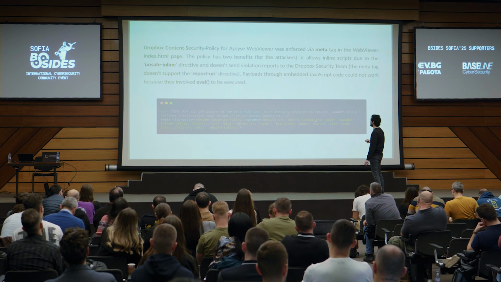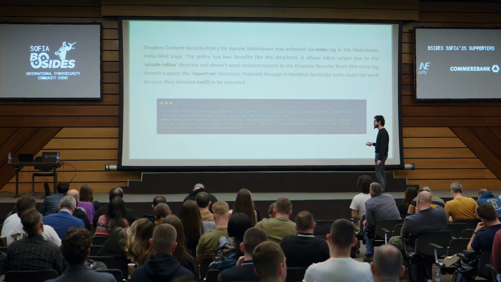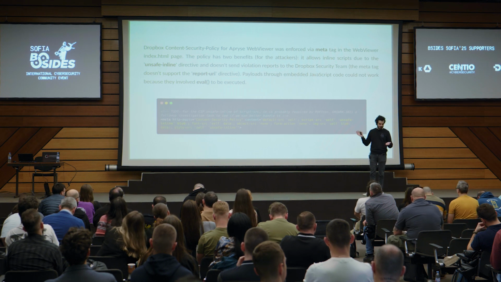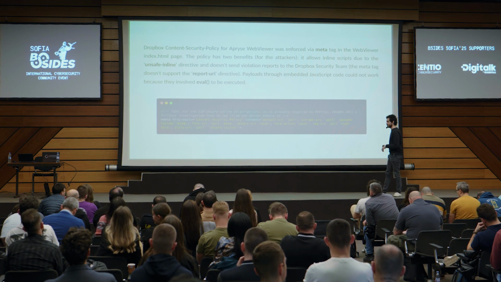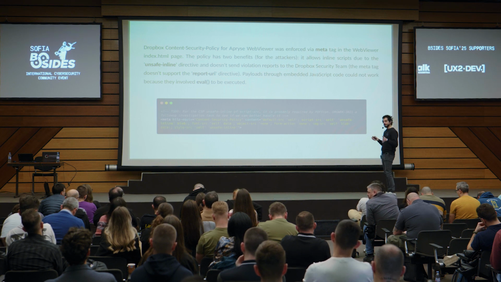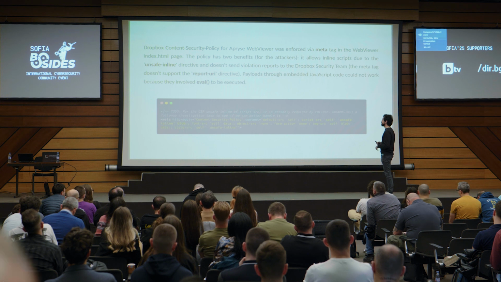In the script-src, you can see self and unsafe-inline. Why unsafe-inline? Because to run that specific version of Apryse, you need to have unsafe-inline. Fun fact, if you open the Apryse documentation, they recommend you implement a content security policy.